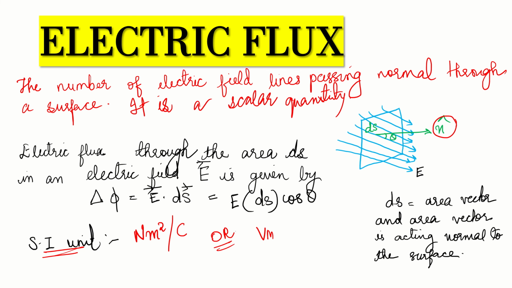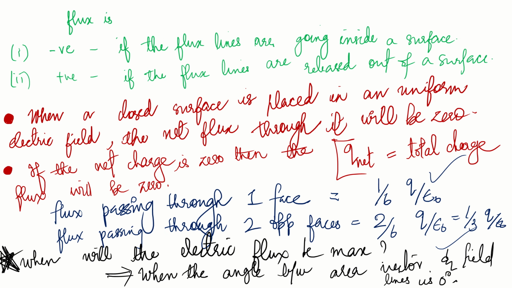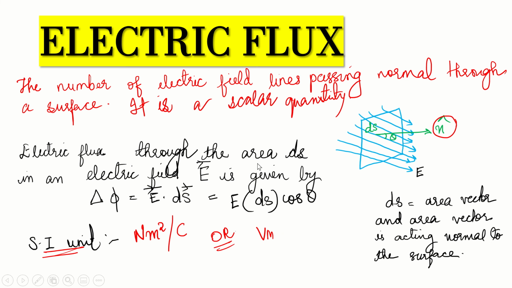So this is all about electric flux, and I have discussed some of the main points related to electric flux. So once again, let's revise. Electric flux is the number of electric field lines passing normal to the surface, and it is a scalar quantity.